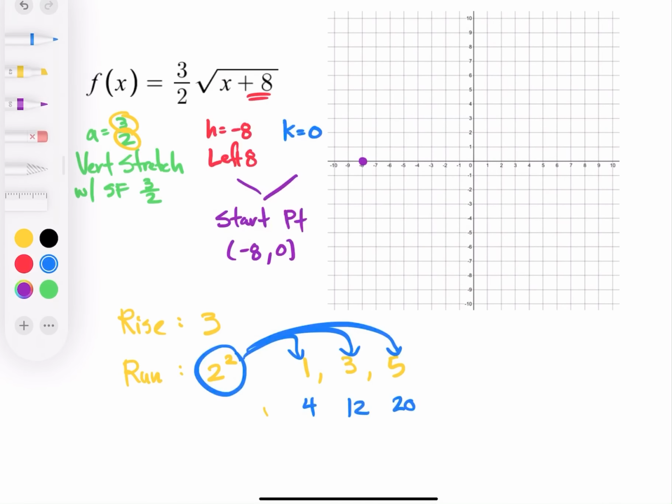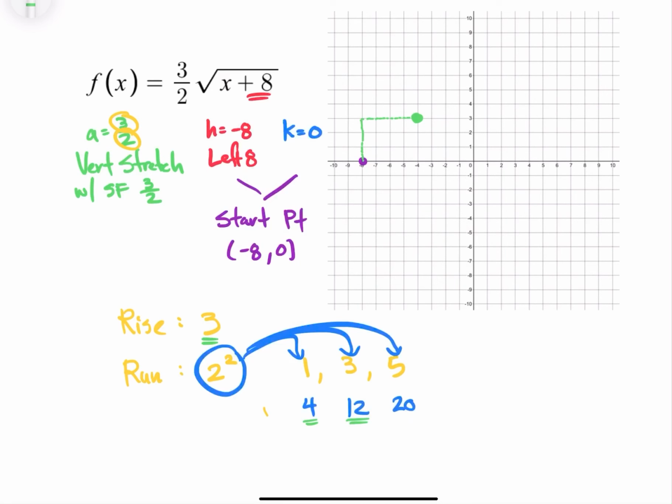So let's go ahead and see what this graph looks like. We're going to start off by rising 3 from our starting point. So rise 3, and then it says to run 4. So we're going to go over 4 to the right. 1, 2, 3, 4. All right, now we're going to go ahead and rise 3 more and then go 12 to the right. So we're going to rise 3 more and go 12 to the right.